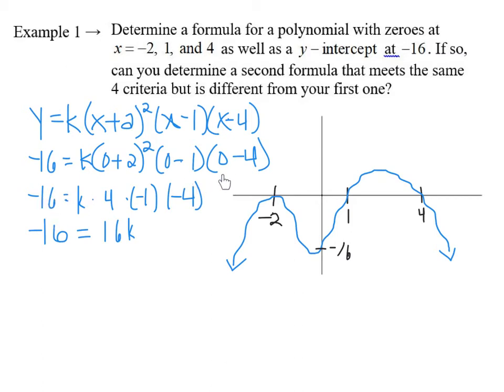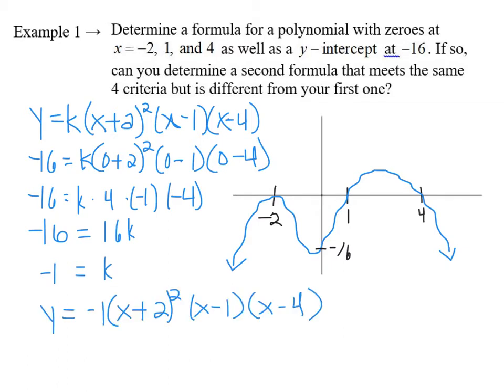All right, so I need it to equal -16. You can see how I've set this up like an algebraic equation. We're just going to solve for k, and all we have left to do is divide by 16 on both sides, and we get k is equal to -1. So our final answer is right here. That's just one of a number of different things we could have done.